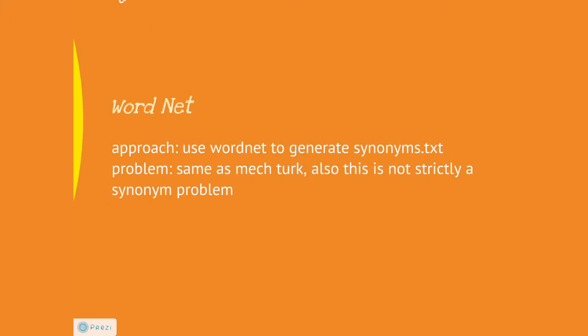Wordnet is the more traditional synonyms approach. Probably should have started with this. Just simply using Wordnet, which is a database of synonyms, hyponyms, et cetera. It's a similar problem. Wordnet isn't necessarily going to have lots and lots of legal terms. It's more general purpose language.